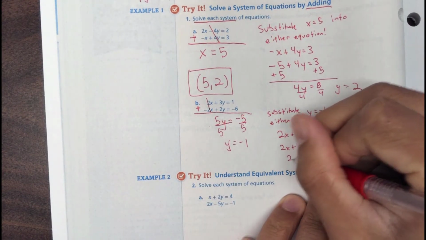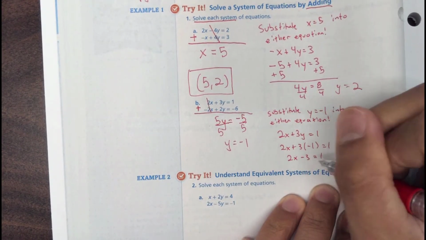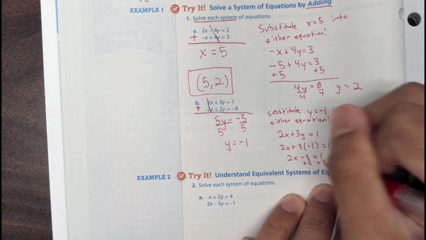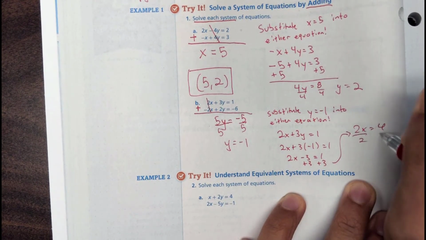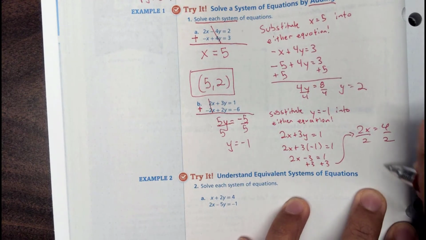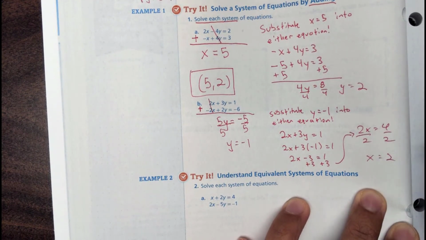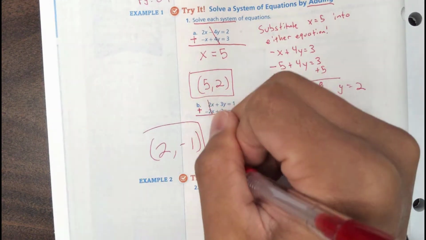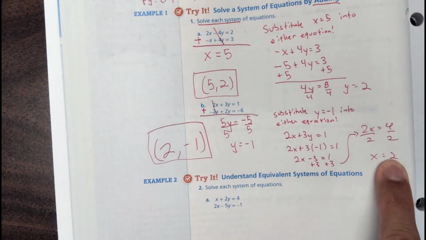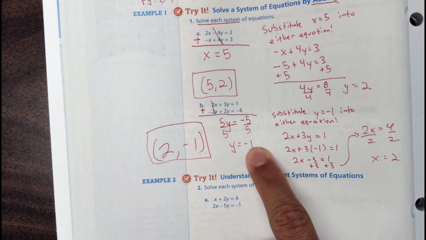And then it's going to be 2x minus 3 equals 1. Add 3 to both sides. That becomes 2x is equal to 4. Divide 2 on both sides. x is equal to 2. So the answer is going to be 2, negative 1 here. Don't forget that the x is 2 and the y is negative 1 here.